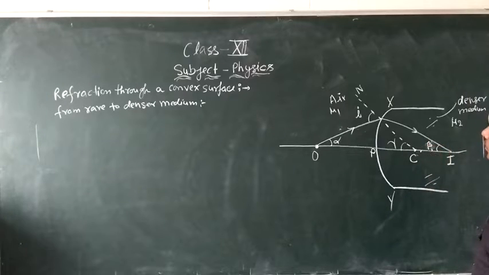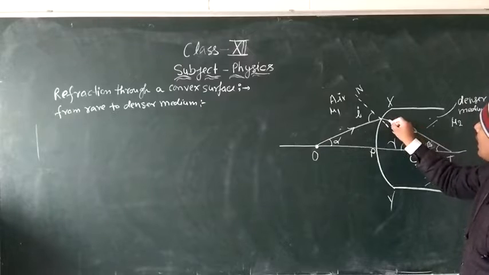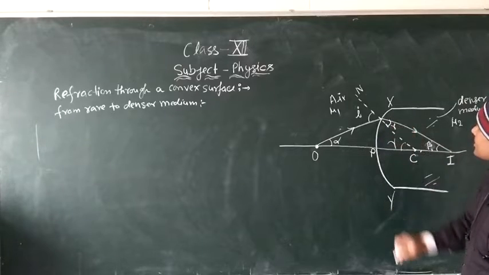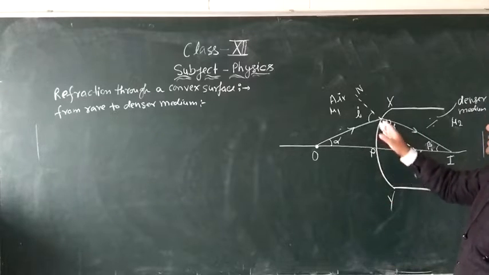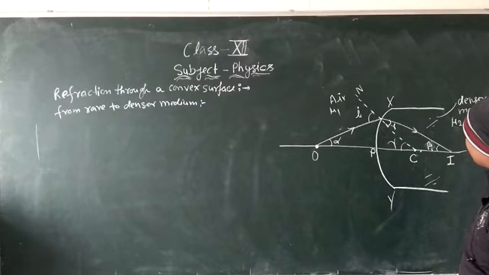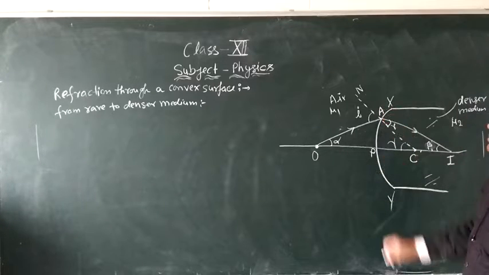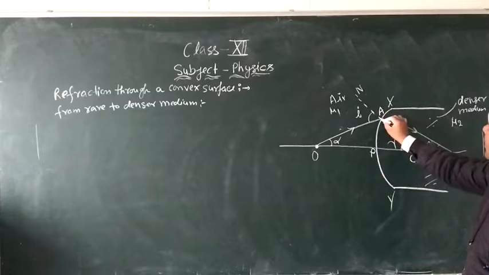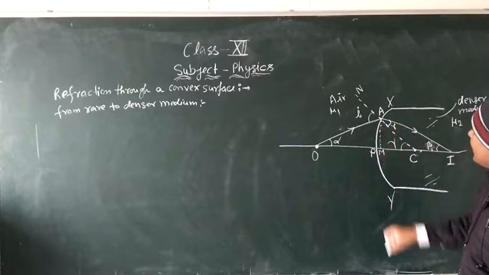The angle between the normal and the refracted ray is called R, that is the refracting angle. Let us name this point A. If we draw a perpendicular from A to the principal axis, that point is called M.